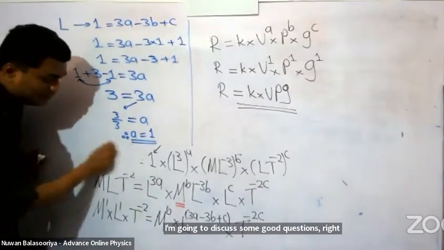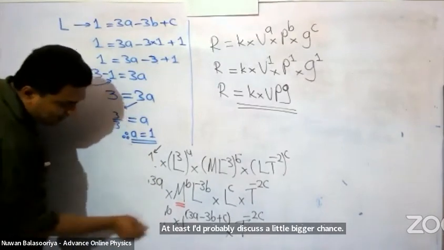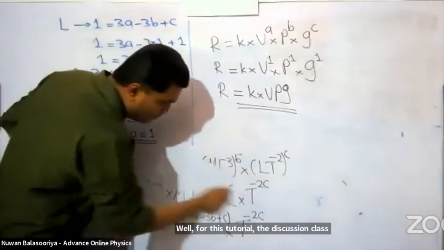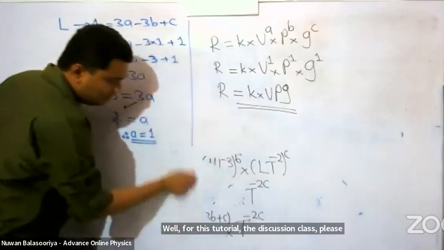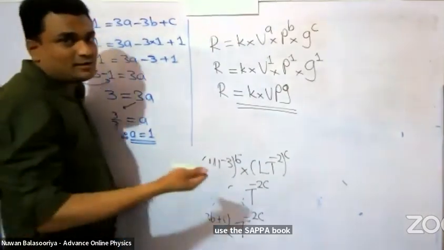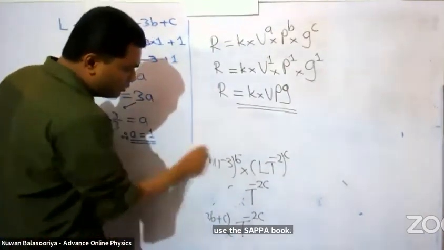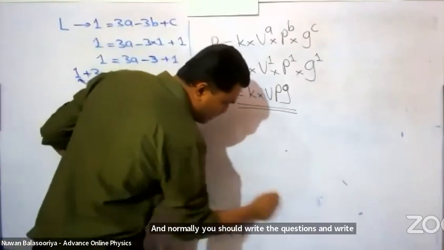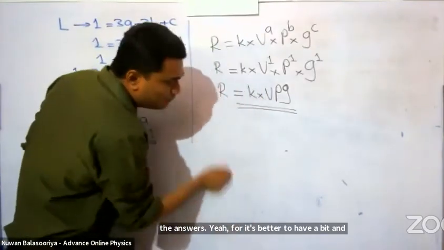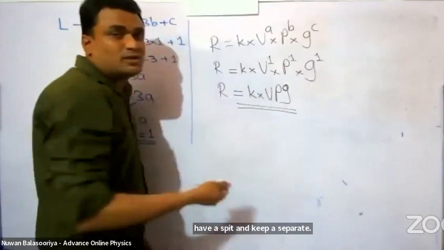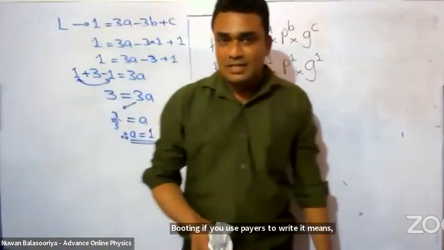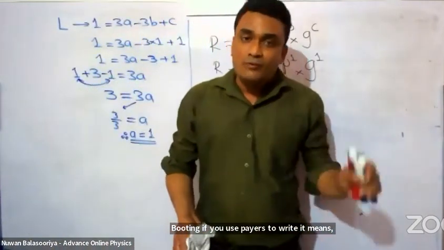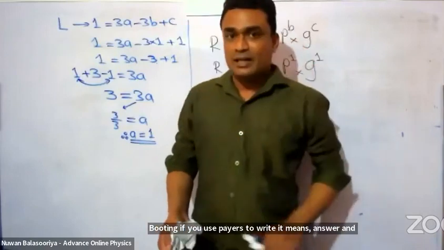For this tutorial discussion class, please use a separate book. Normally, you should write the questions and write the answers. Therefore, it's better to keep a separate book. If you use papers, some students may be using photocopy papers or foolscap papers, then please keep a file for it and write the date properly.